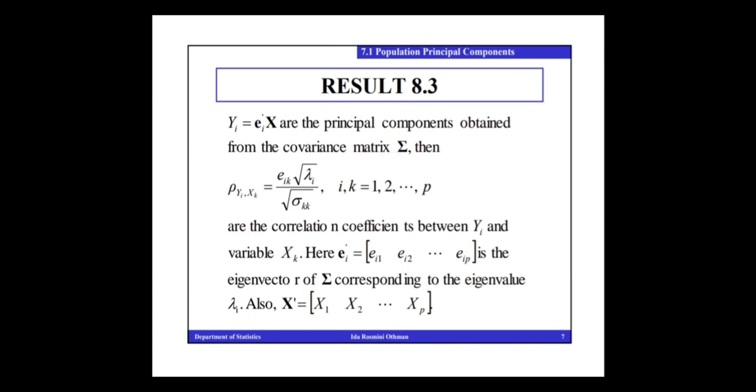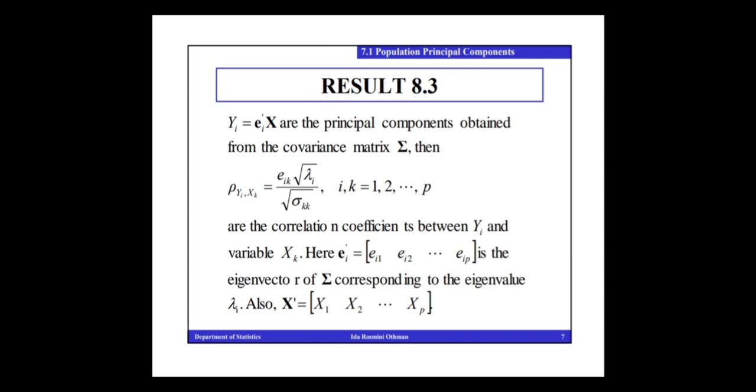Okay, the formula will be, apa ni panggil, rho of yi and xk. Y adalah refer kepada principal components, x adalah refer kepada variables. Okay, which is the element from the normalized eigenvectors, e_ik. Nanti kita tengok dia punya example. Multiply square root of the lambda i.